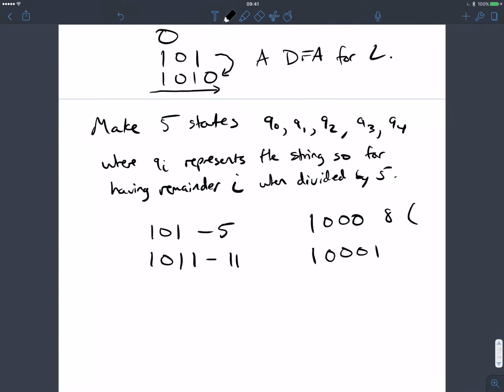What is its remainder when divided by 5? 3. So I know that this will be 17. But how do I find the remainder from 3? As we said before, we multiply by 2 and add 1 because we just saw a 1. That results in 7. What's the actual remainder? 2. How do I get from 7 to 2? Mod by 5. So that's how I find the remainder.